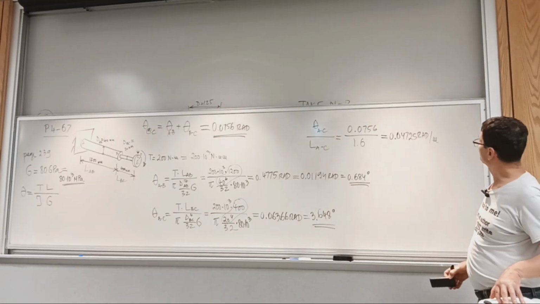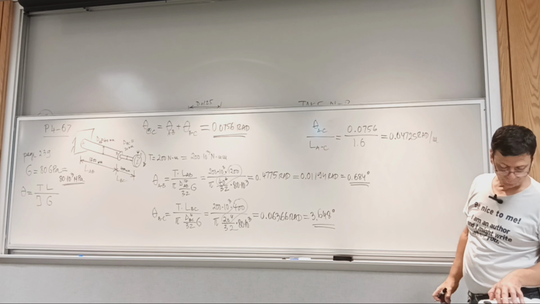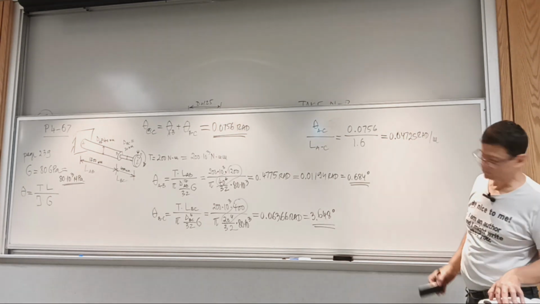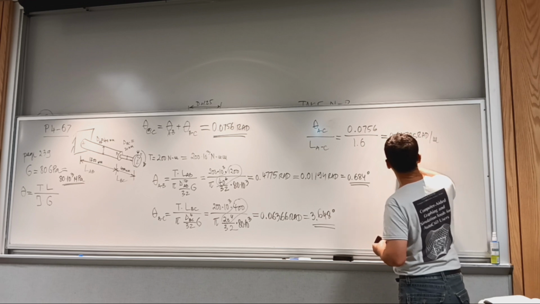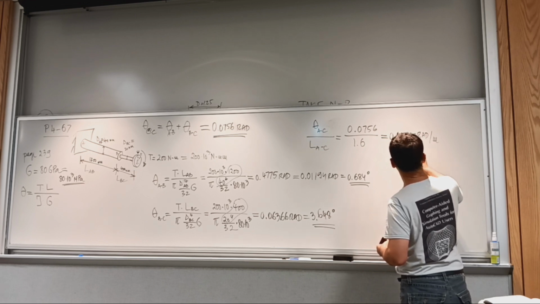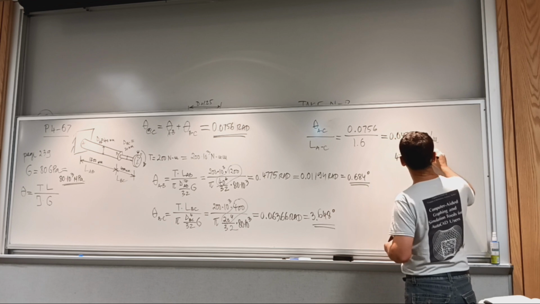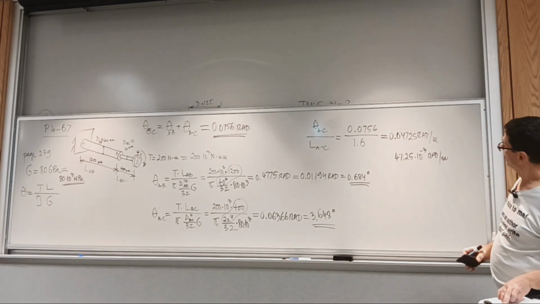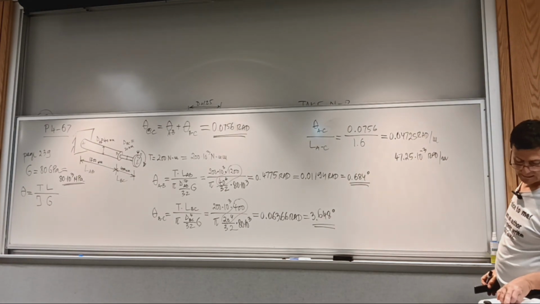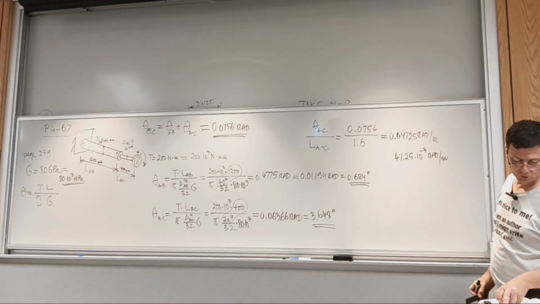And if we write it as a fraction, it will be 10 to the -3. So it's 47.25 times 10 to the -3 radians per meter. And this is less than the higher limit for general machine parts.